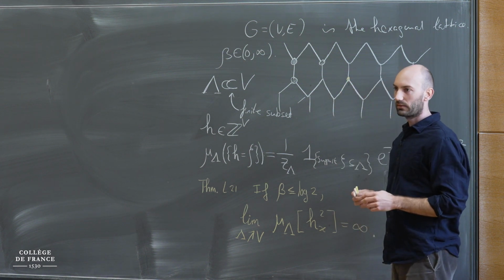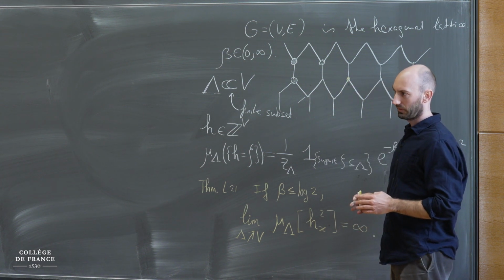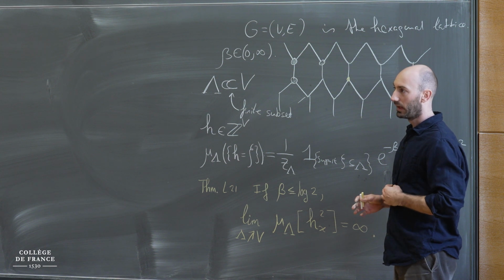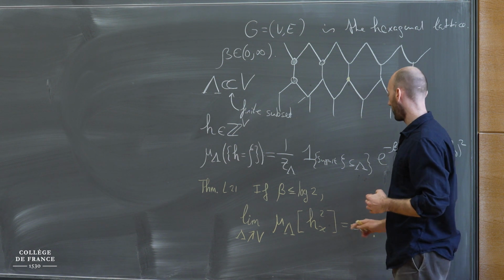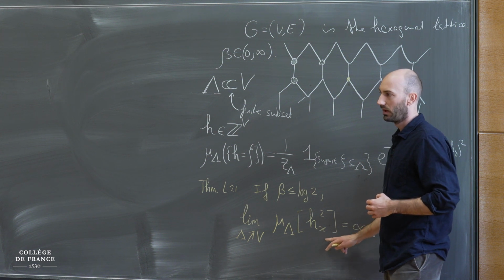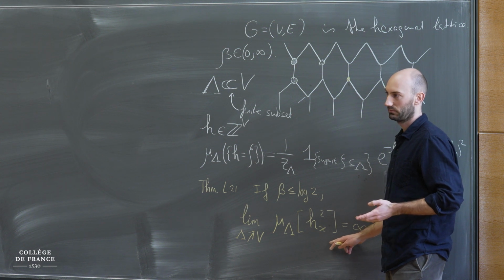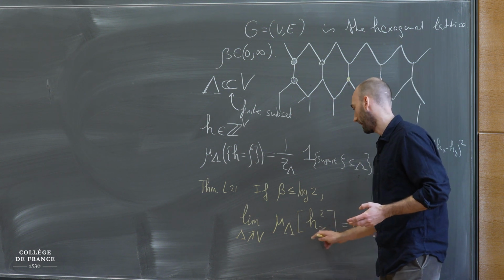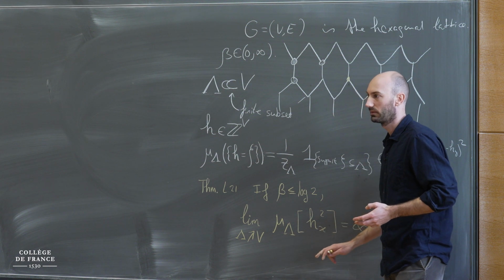And I want to stress that at this point, it's completely a qualitative result. So for example, if this is the GFF, then we also know how fast this expectation goes to infinity, because we know that the variance in fact blows up logarithmically in the distance from x to the boundary of the domain.